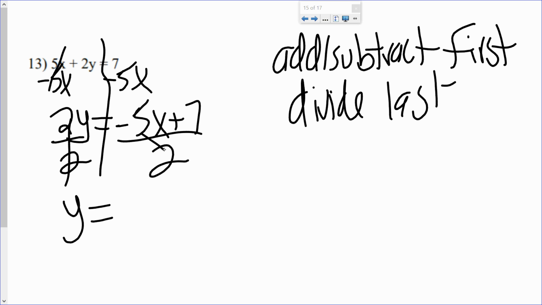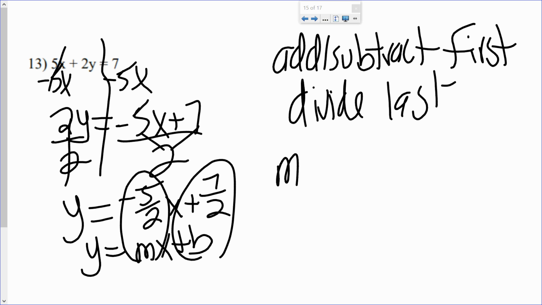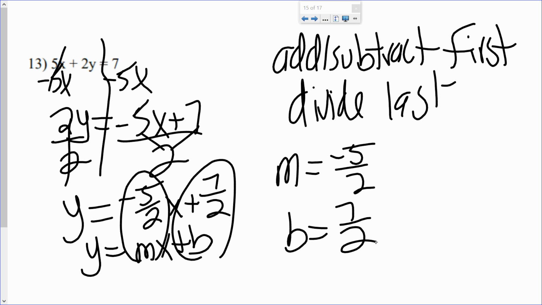Negative 5 over 2 is negative 5 over 2 x plus 7 over 2. If they don't divide nicely, you leave it as 7 over 2. The slope is negative 5 over 2. The y-intercept is 7 over 2.